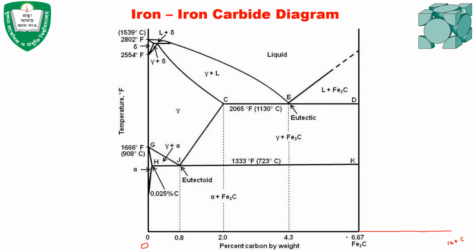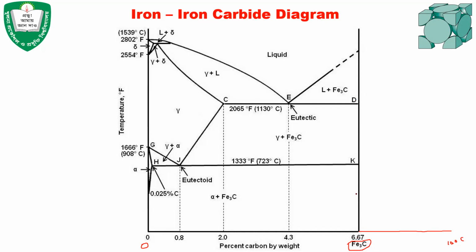And as we know, when the carbon content in iron is 6.67%, then it forms a compound. This is called iron carbide. And this iron carbide, since it is a compound, acts like a pure metal. In the phase diagram, we have studied that intermediate compounds or compound alloys act as a pure metal, and they are represented in a phase diagram as a vertical line.